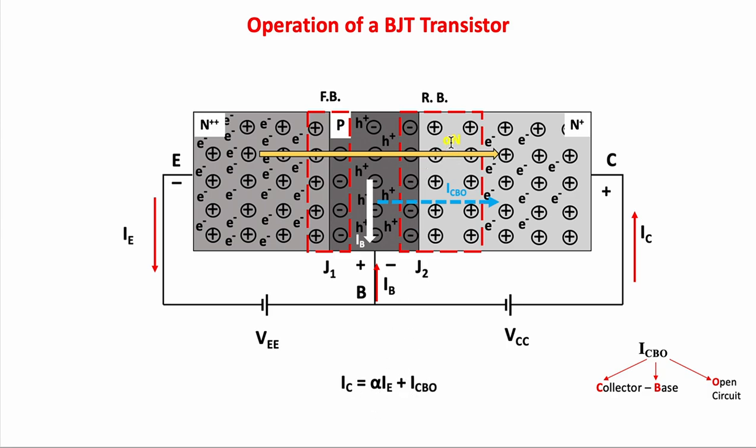Here, N means the electrons leaving the emitter, which is basically the emitter current, so we can replace N with IE, and then our equation becomes IC equals alpha times IE plus ICBO. ICBO is the leakage current, where C represents the collector, B is the base, and O is open circuit. This represents the leakage current from the collector base junction when it is reverse biased.